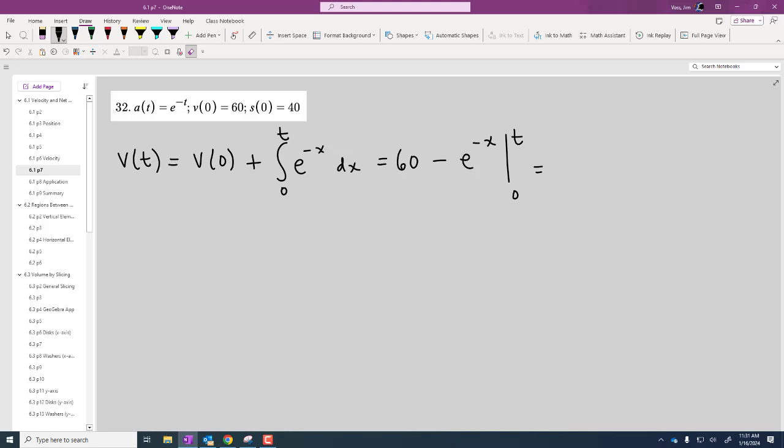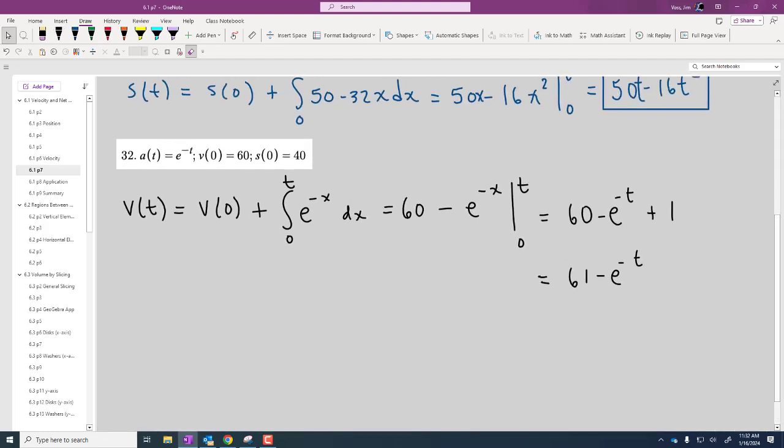So we're going to end up with 60 minus e to the minus t, minus a minus, which is plus, e to the 0, which is 1.